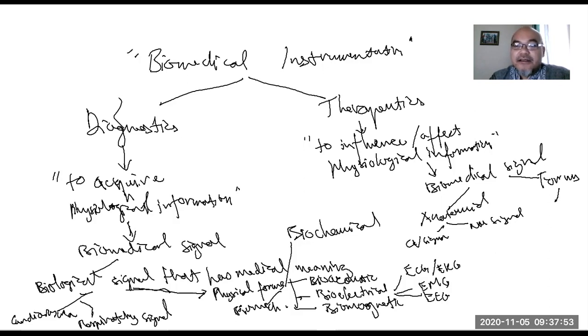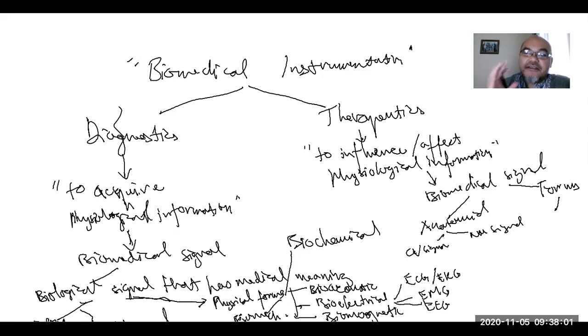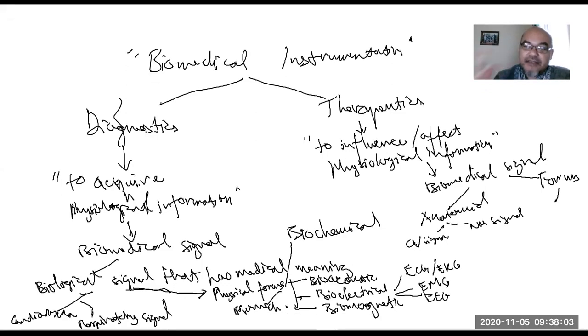Many of the equipment that I have just mentioned, defibrillator, cardiac pacemaker, all give a certain kind of electrical energy to the body to influence the biomedical signal, the physiological information. Yeah, so here it can be mostly electrical, but can also be mechanical.